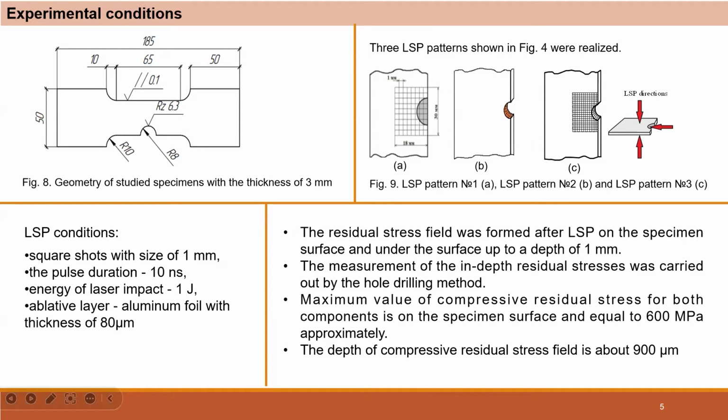And for the third pattern, we treated all surfaces. For this experiment, we used a square spot, 1 millimeter. Pulse duration for our installation is 10 nanoseconds, and the energy that we used was 1 joule.